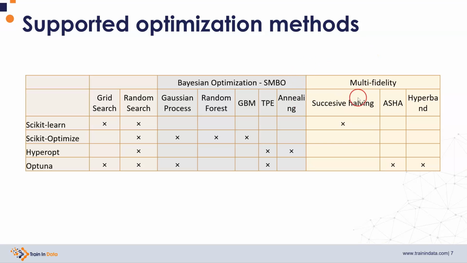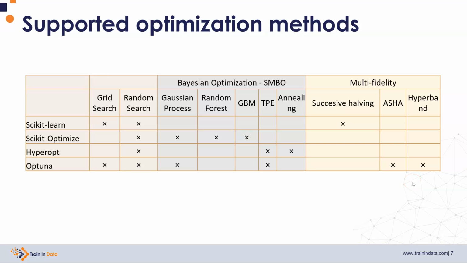Now, among the multi-fidelity optimization methods, Scikit-Learn supports successive halving in a way that models compete with each other and winning models will pass to the next round. Optuna supports asynchronous successive halving, which basically takes into account the different computers or cores that we have at our disposal to evaluate the different configurations of models with the different hyperparameters. And it also supports hyperband.